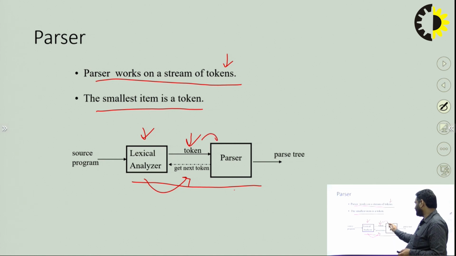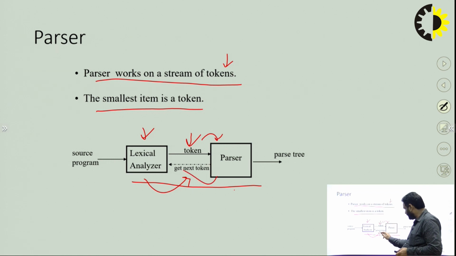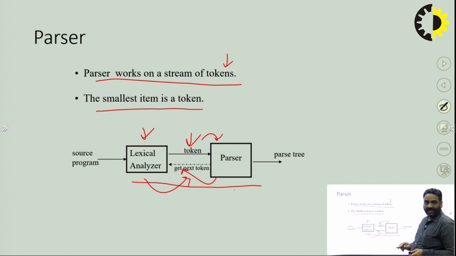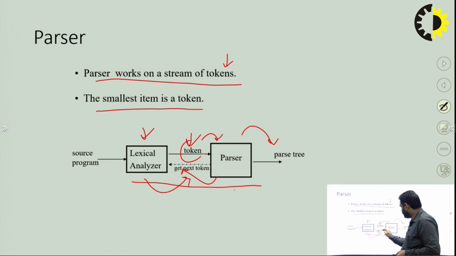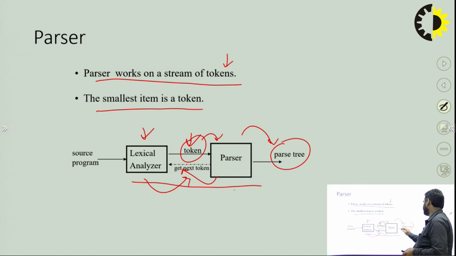After getting the first token and processing it, the parser sends a request to get the next token, and as output it generates a parse tree. So input is tokens and output is a parse tree. This is all about the parser.